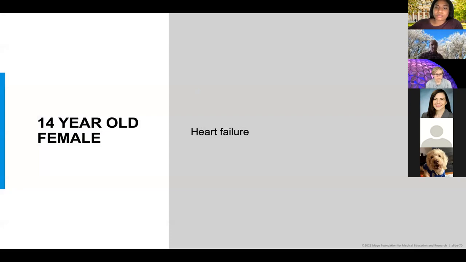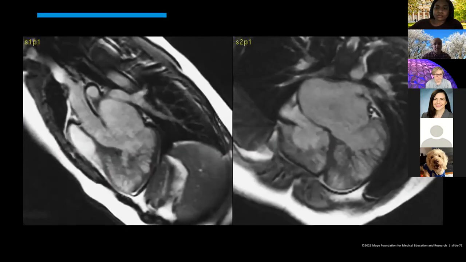So here's the next case, a 14-year-old with heart failure. And we have a 3-chamber view on the left and a 4-chamber view on the right. And the question would be, what type of non-ischemic cardiomyopathy does this patient have?